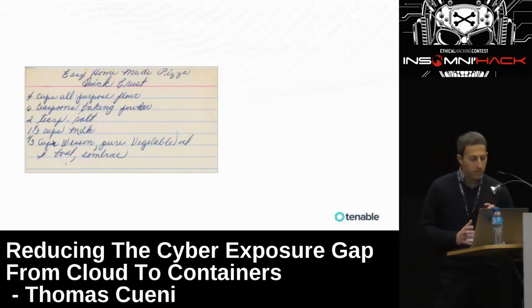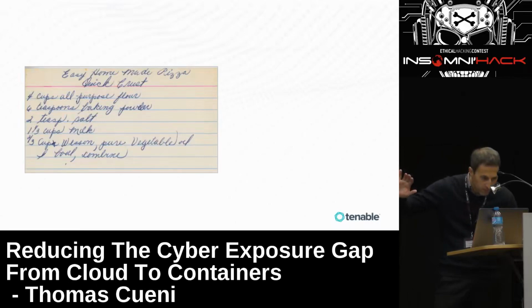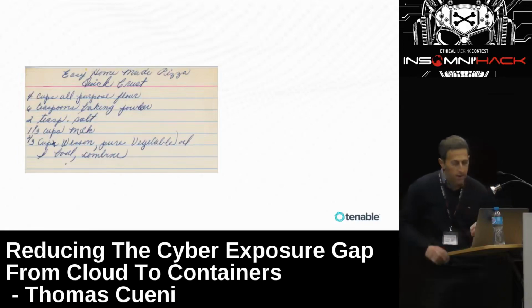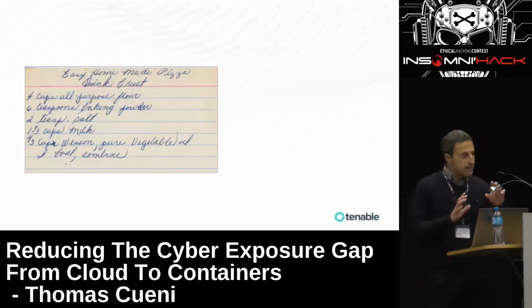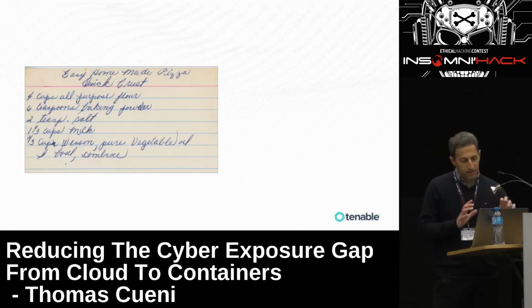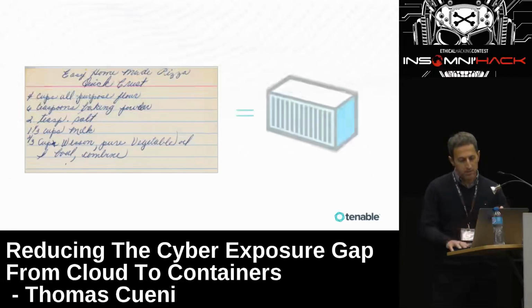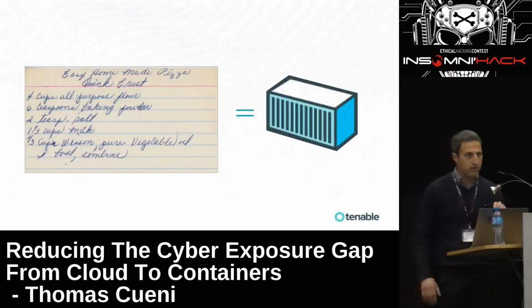Then before getting to the solution, here we have a recipe. I think it might be for pizza dough. There's flour, there's salt. So this is what I think, if I look at a recipe, this corresponds to a container image.